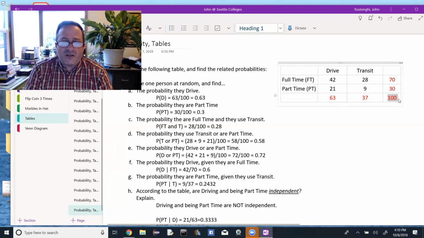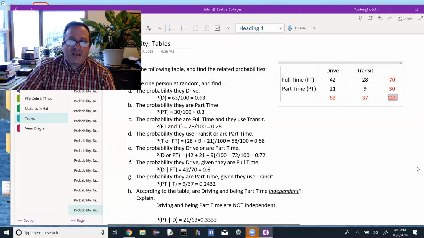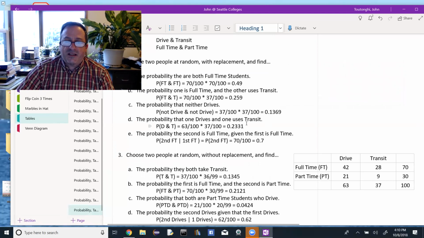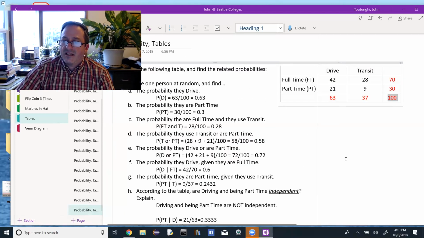So the conditional probabilities tend to be worth 2. Everything else in this problem tends to be worth 1. In problem 2, because you're sort of doing things twice, again, the answers are worth 2 points, the notation is worth 1. So the notation itself generally is worth 1/3 of the problem. The answer is worth 1 or 2 points in and of itself. Okay, and that's using tables, and I will sign off.